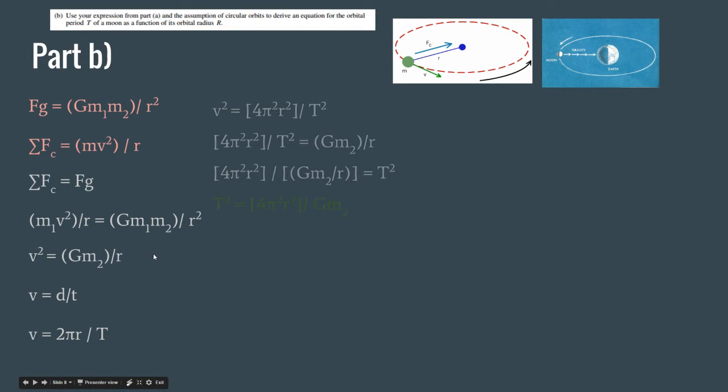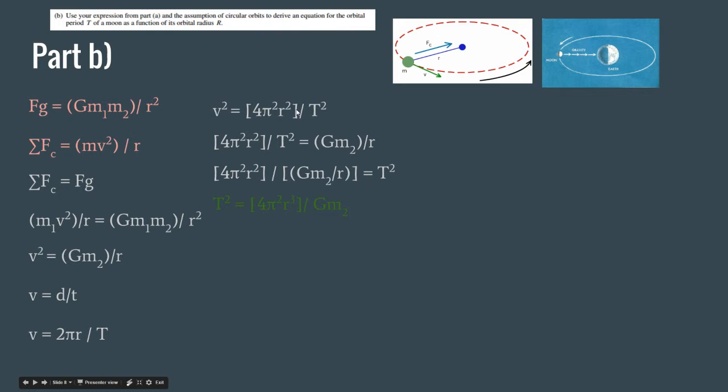Okay. So the next part we need to do is take our velocity we found from d over t and square that, so that we'll get a v squared, which is what we had earlier in our other equation. And we get v squared equals 4 pi squared r squared over t squared.